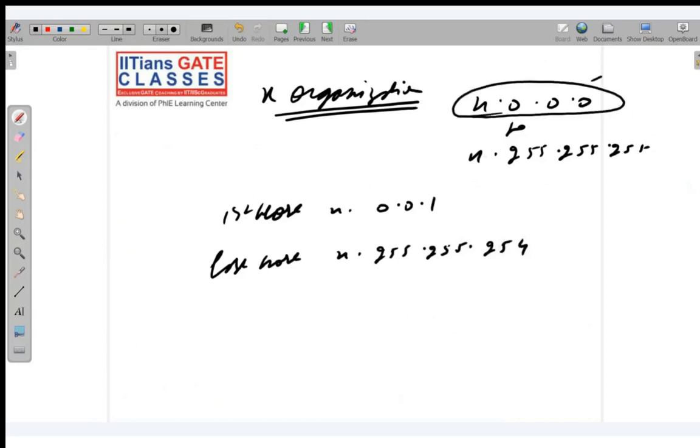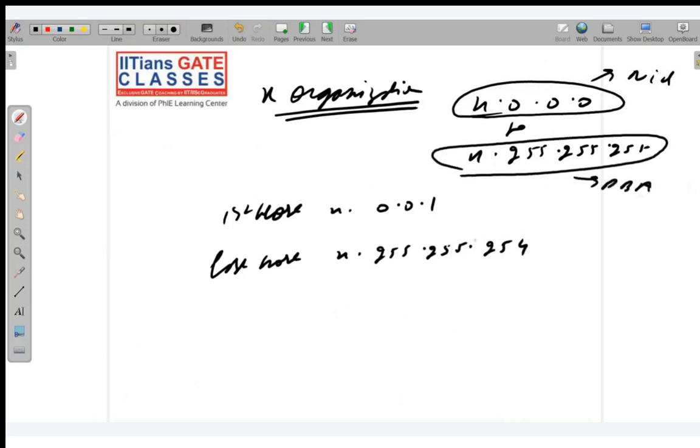This is the net ID of the X organization and this is the DBA of the X organization. Yes, sir, that is very simple. Okay, take the snapshot. I will jump to the next slide.